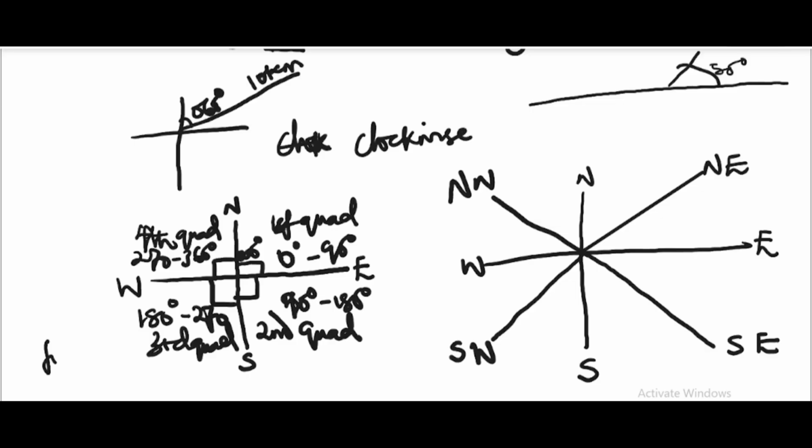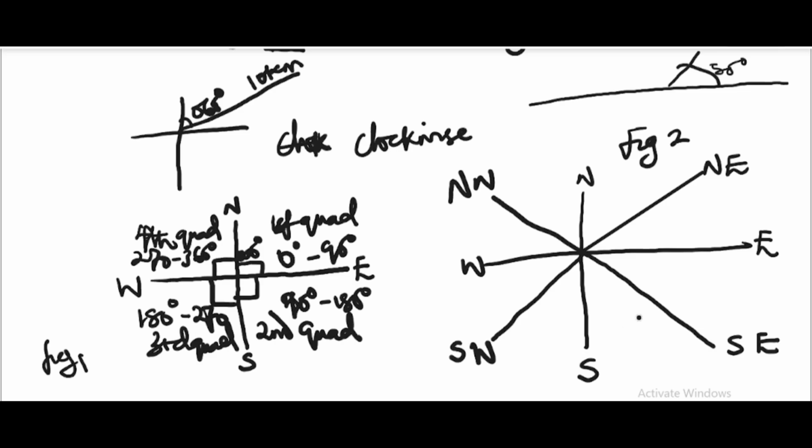Now, look at the first figure. Let me call this fig 1, and then let me call this fig 2. So if you look at fig 1, you'll see that I have just 4 quadrants. And since angles at a point is 360, the 4 quadrants are 90 degrees each. So in fig 2, you will see that I have 8 quadrants. And since angles at a point is 360, each quadrant will have angle 45 degrees each, right?